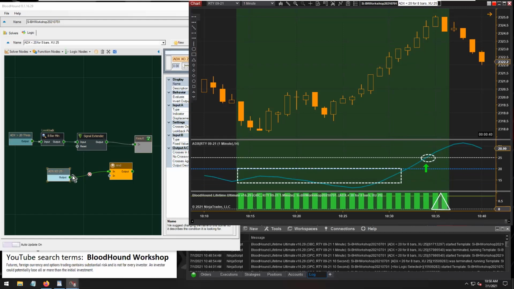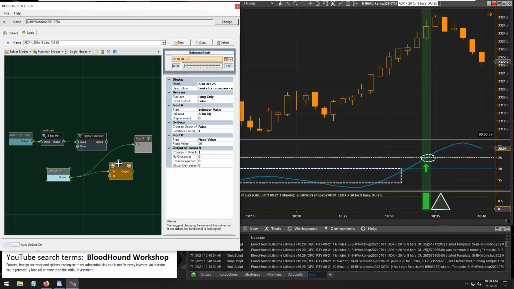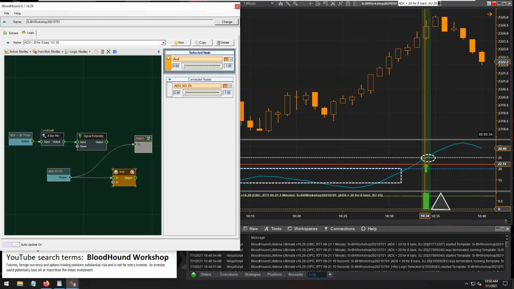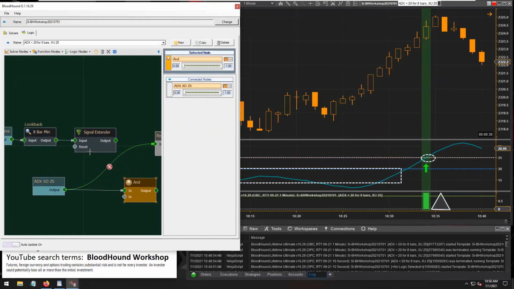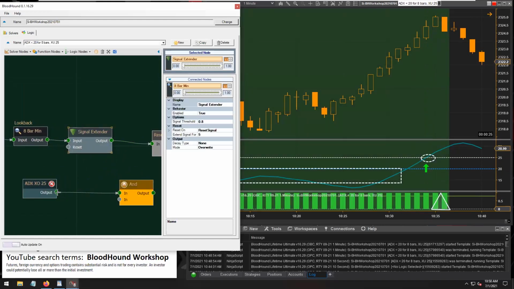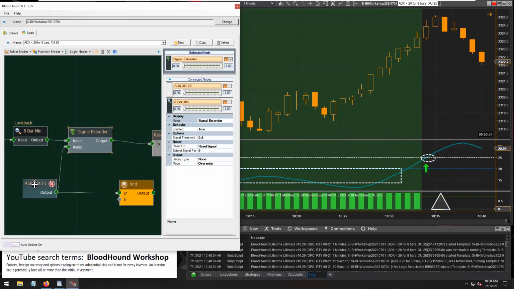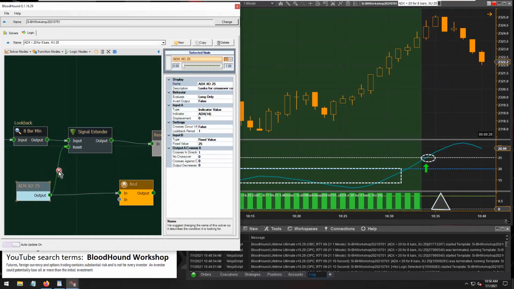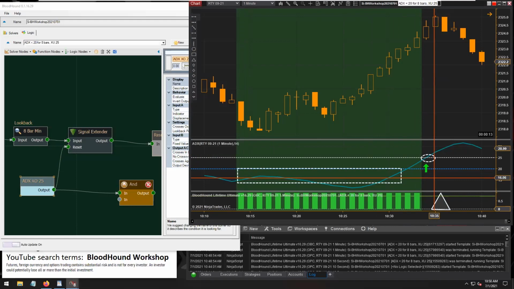The way we can do that is to use this crossover signal to turn off the signal extender. You'll notice the signal extender has a reset connection right there. So if I connect our crossover solver into the reset, now if we look at the chart, the signal extender turned off on the crossover bar.